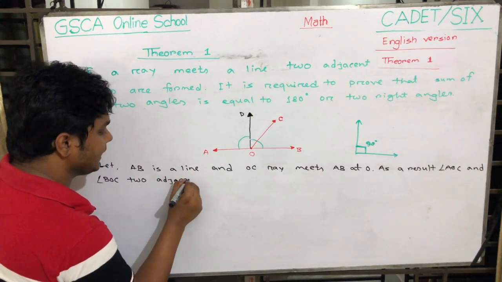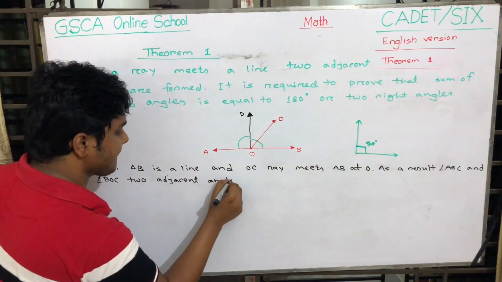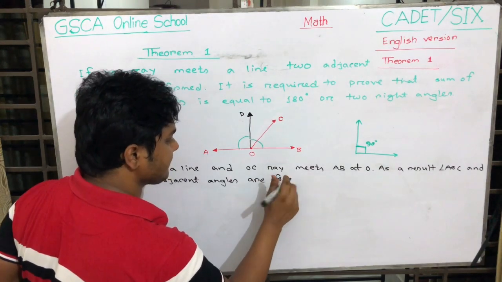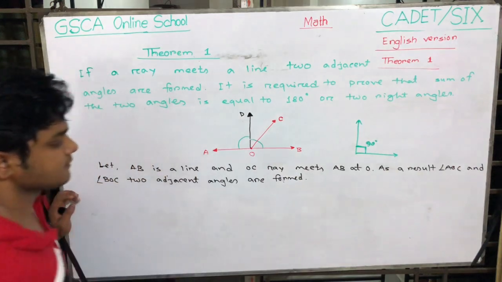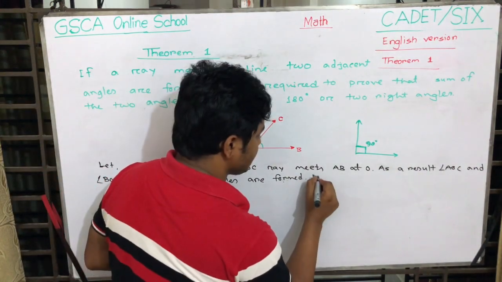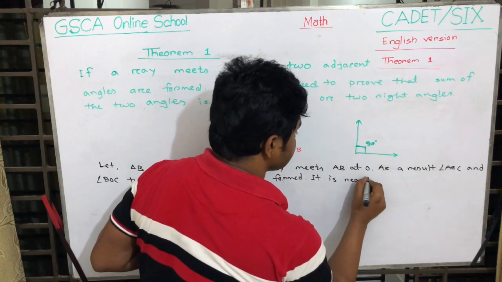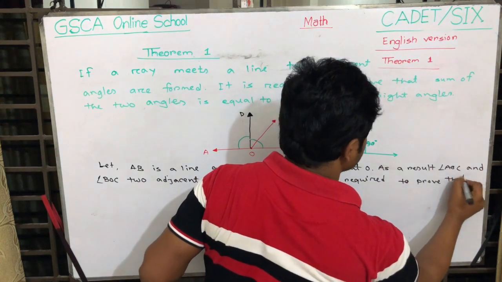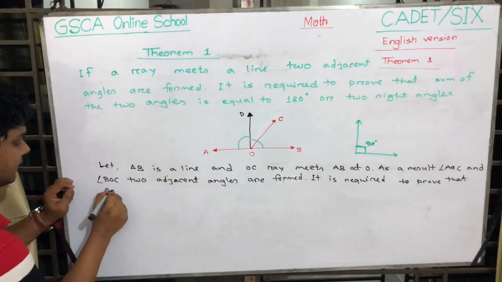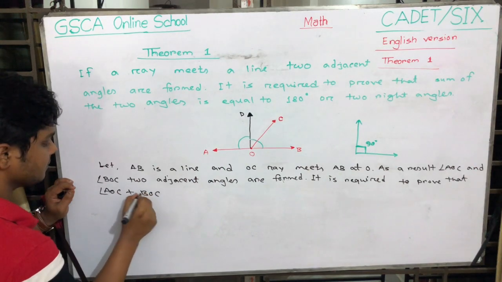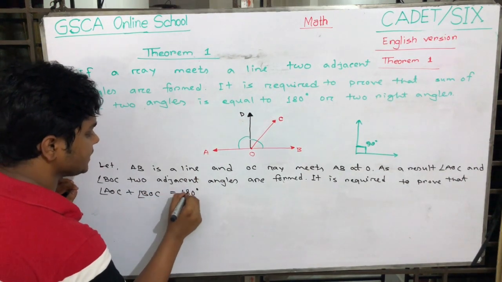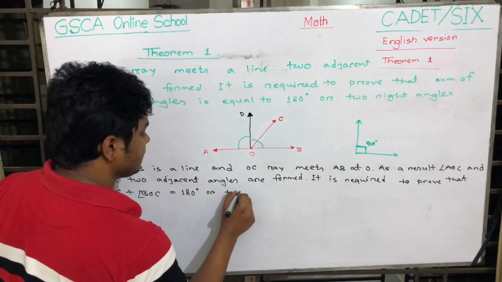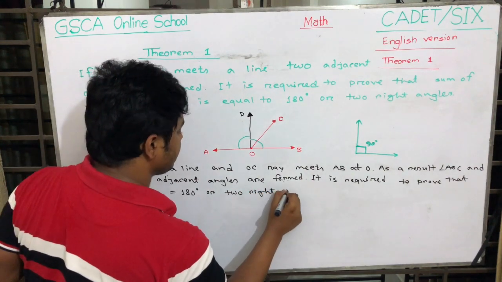Two adjacent angles are formed. Okay, it is required to prove that AOC plus BOC is equal to 180 degrees or two right angles.